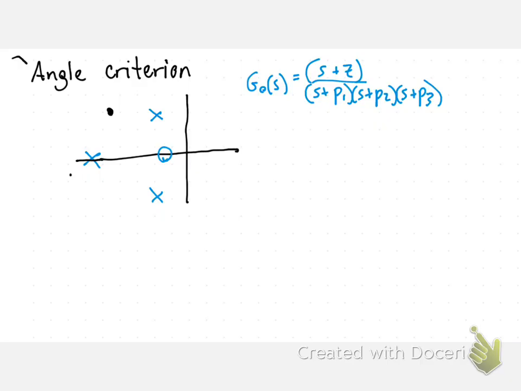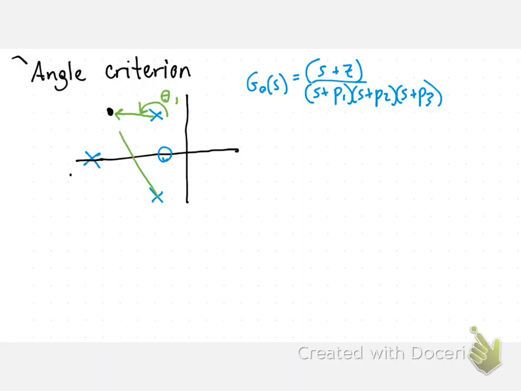So what the angle criterion tells us is that the angle of k G O of S is equal to 180. The way that we calculate the angle is we start drawing vectors from our pole locations, going this way. So here we'll have some theta 1.